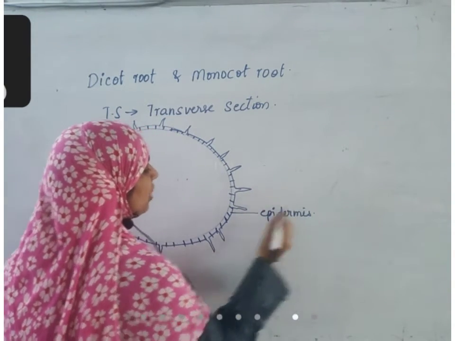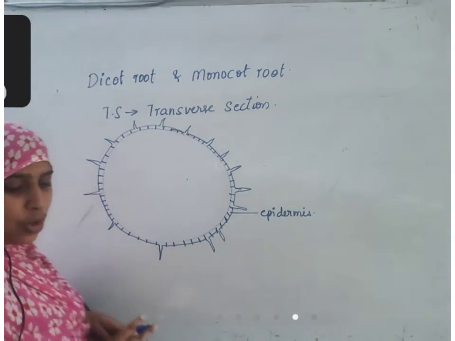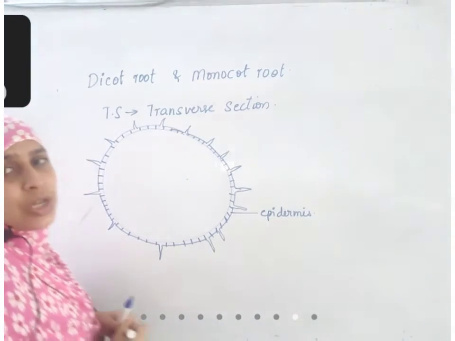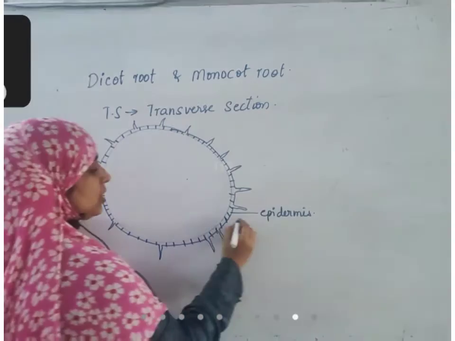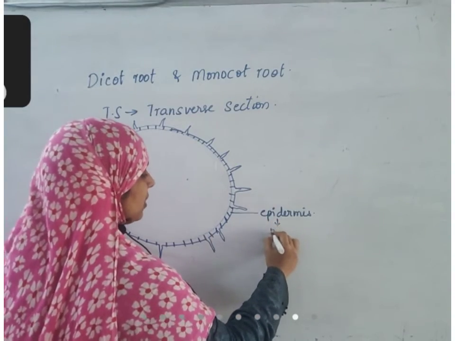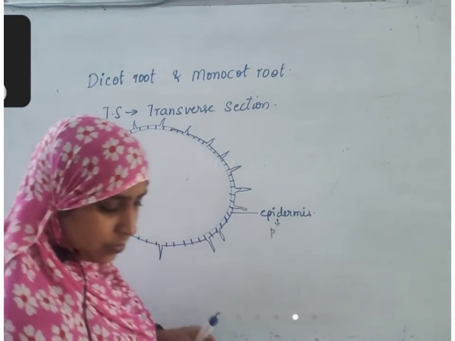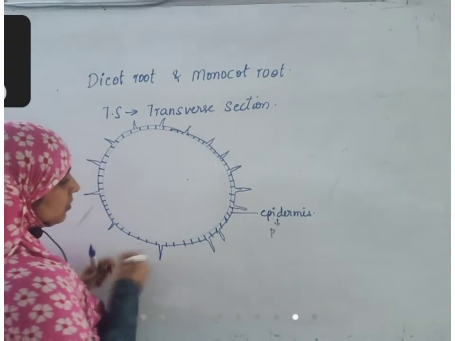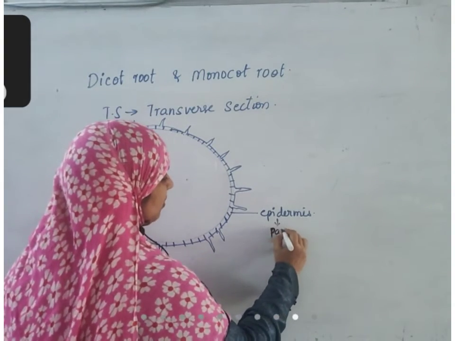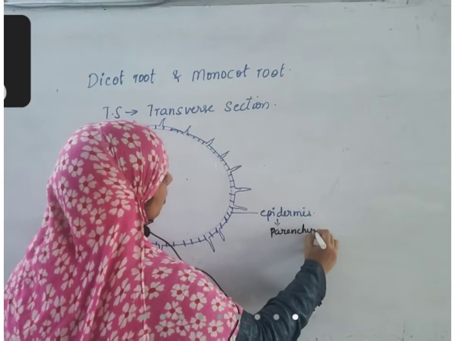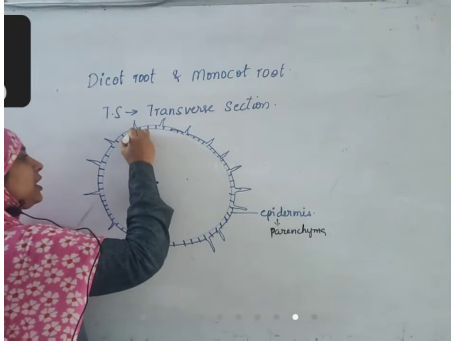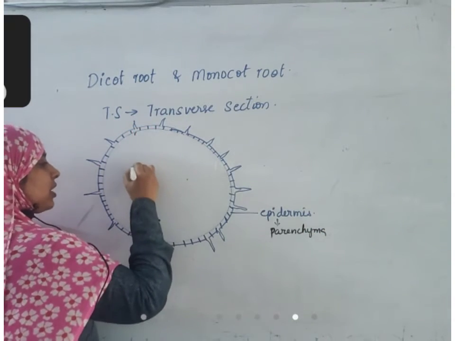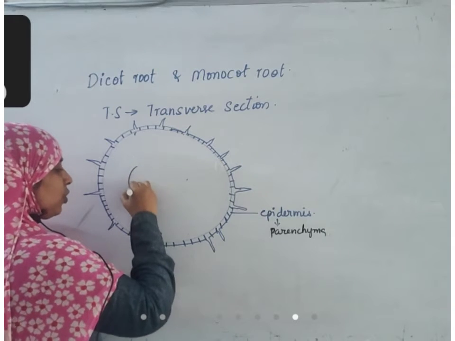Just below the epidermis, the cortex tissue will be present. The cortex is made up of parenchyma cells. All the cortical cells, till here, this is the endodermis.